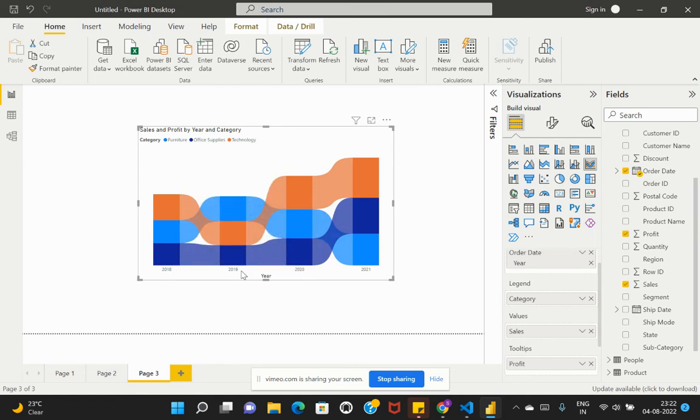And when it has come to 2019, you see that the technology category has been placed in the second place, which means that the furniture category has got the highest value compared to the other two categories during 2019. As it has progressed over the other years, it was able to compare and see which category holds the highest value, and accordingly it has placed that value on the top of that particular visual.